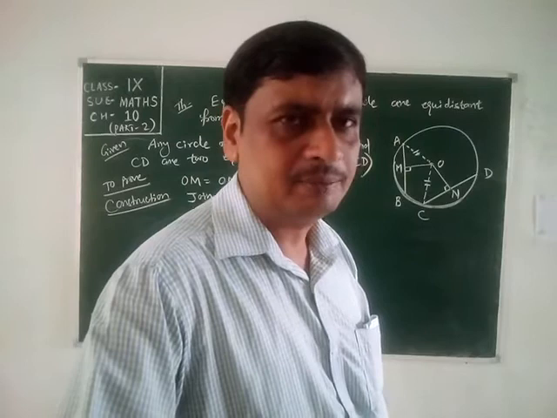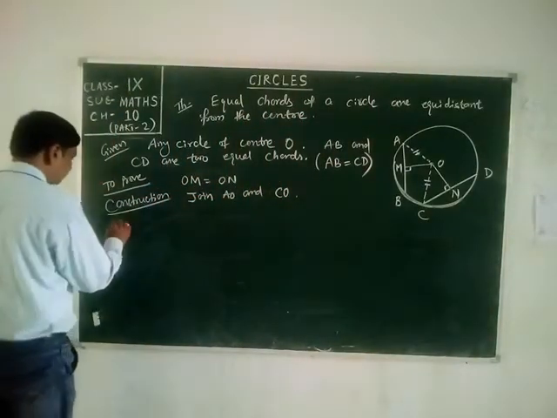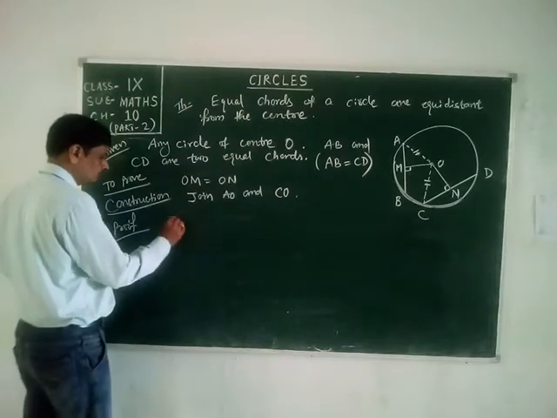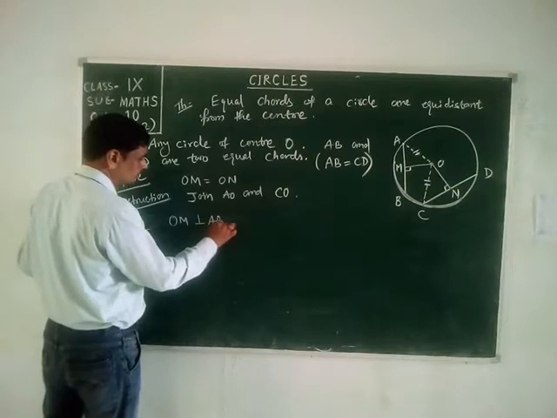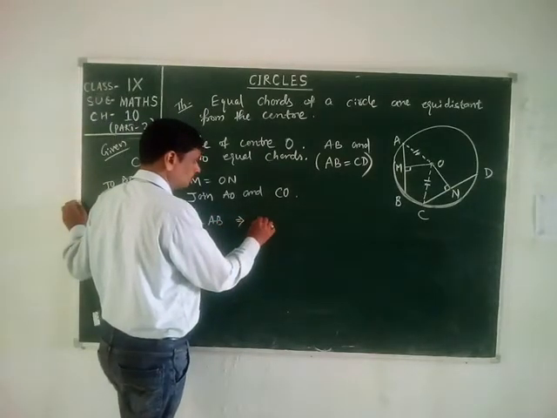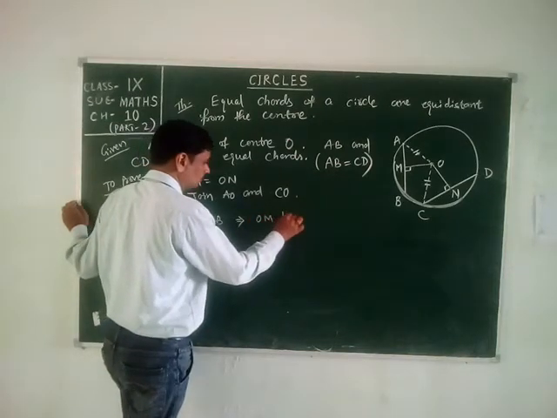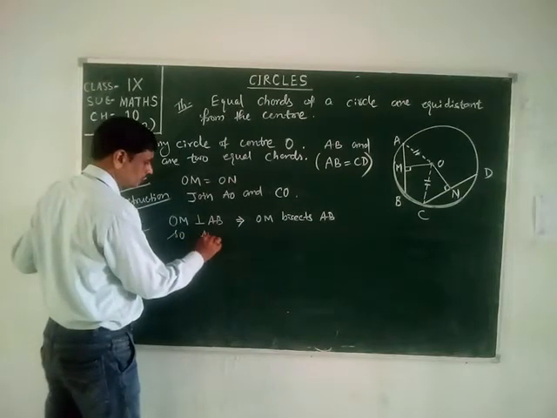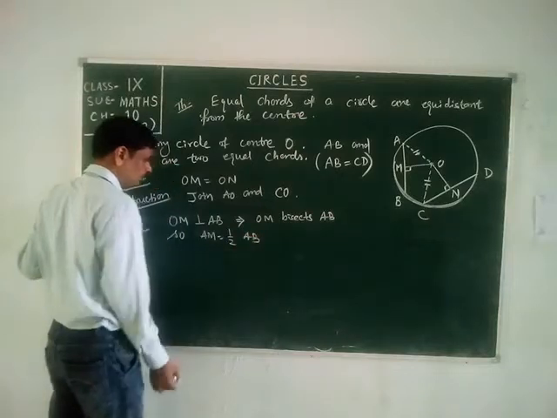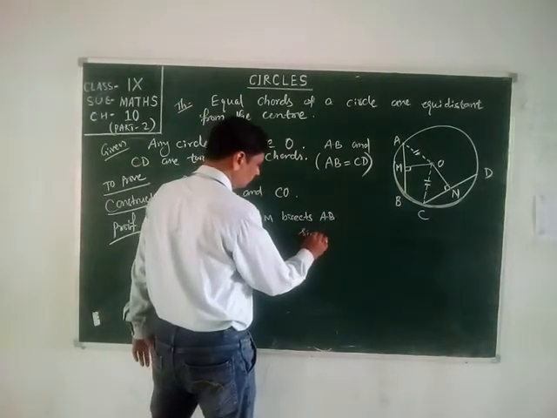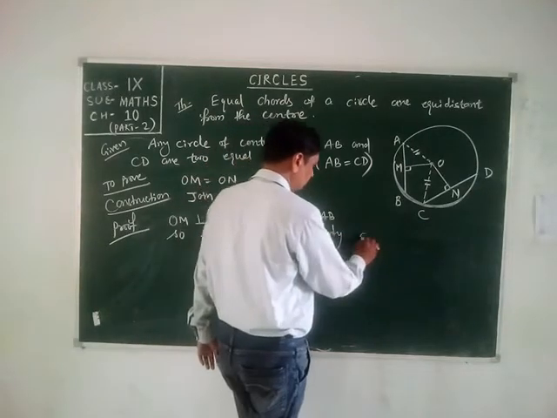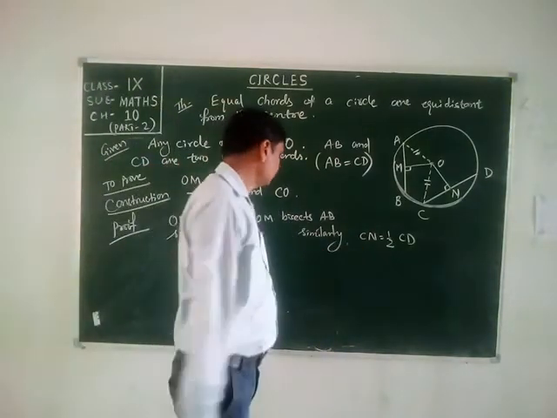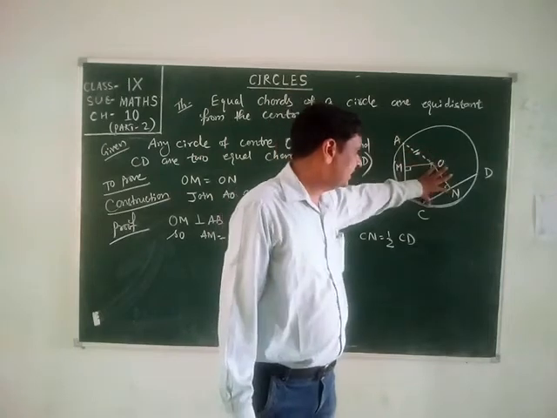So CN becomes half of CD. This AM is half of AB and CN is half of CD.